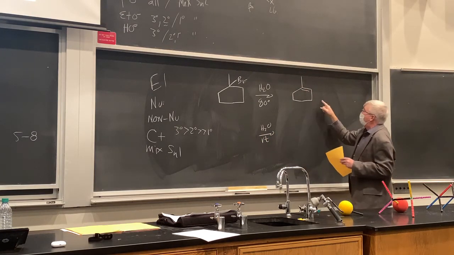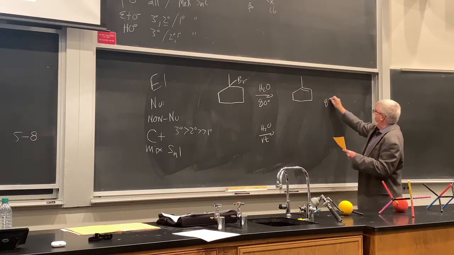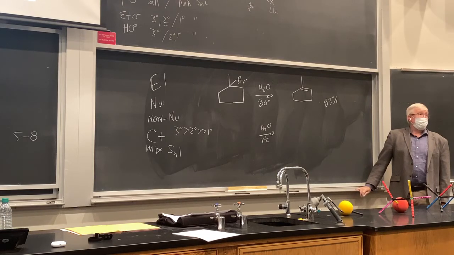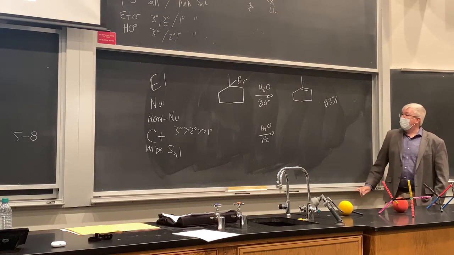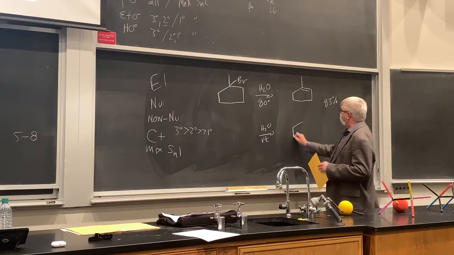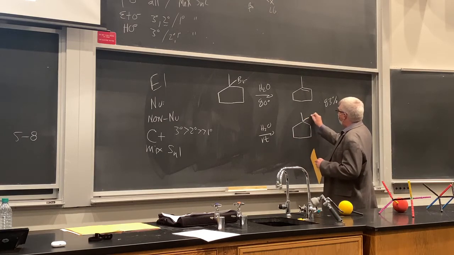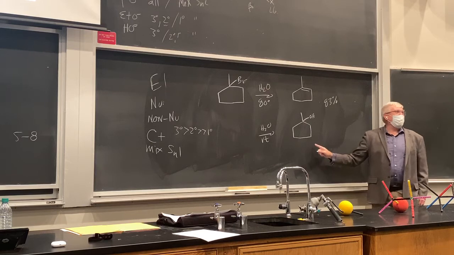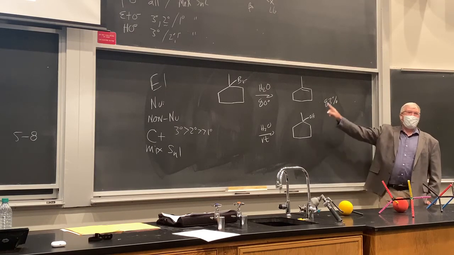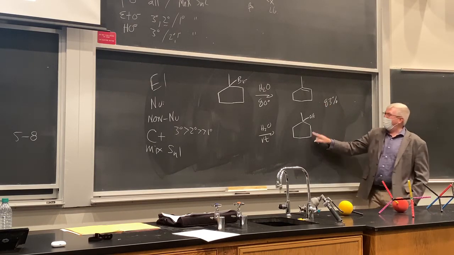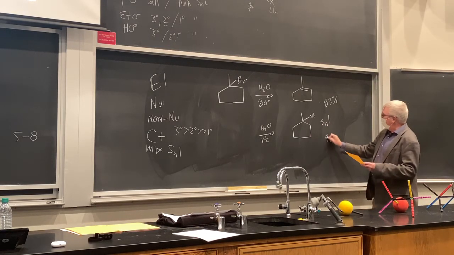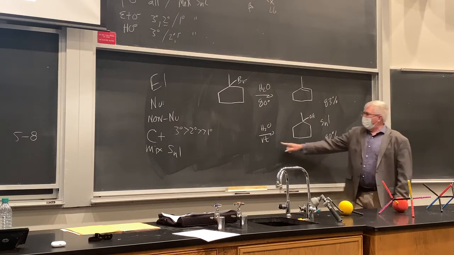Here's the E1 product, and that can be obtained at 83%. Okay, higher temperature will favor the elimination. What's water at room temperature? Don't worry, this is from chapter 7. Everything we told you in chapter 7 is not a lie now. We're just giving you the rest of the story. This is your SN1 product, and what's the yield here? 80% yield if it's done at room temperature.